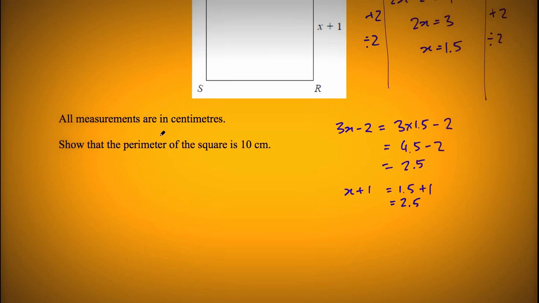As it's a show that question, I'm just going to state both sides equal 2.5 centimetres. Perimeter equals 4 times 2.5 centimetres, which equals 10 centimetres.